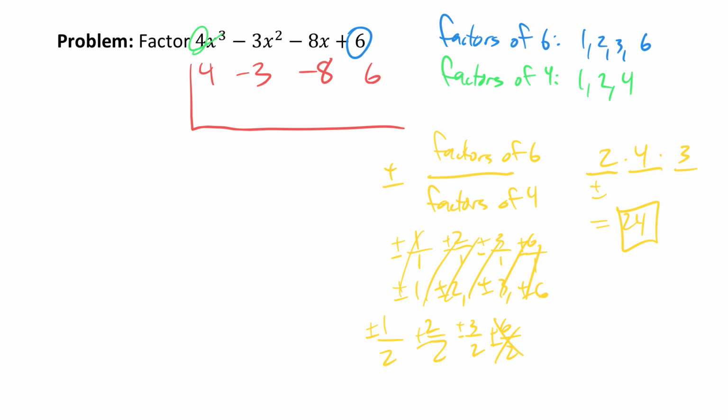And 2 over 2, well, that's just 1, so we can cross that off. So we've got plus or minus a half and plus or minus 3/2. For the last one, we have the 4 on the bottom. So we have 1/4, 2/4, 3/4, and 6/4.